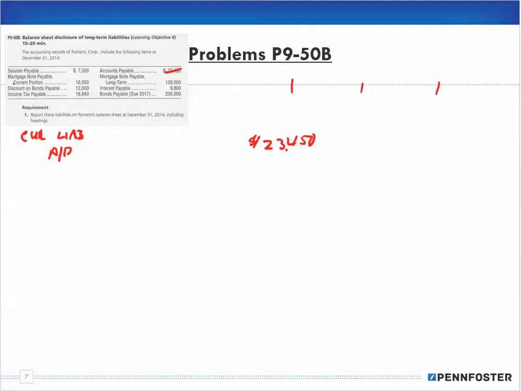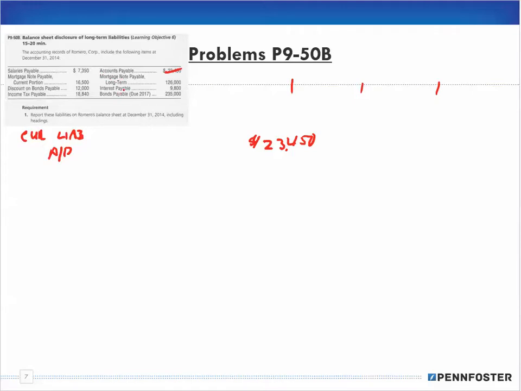Okay, mortgage is going to be long-term, and it's telling me what the current portion is. I have my discount, so that's long-term. My income tax payable is short-term, as a current. The mortgage is long-term.